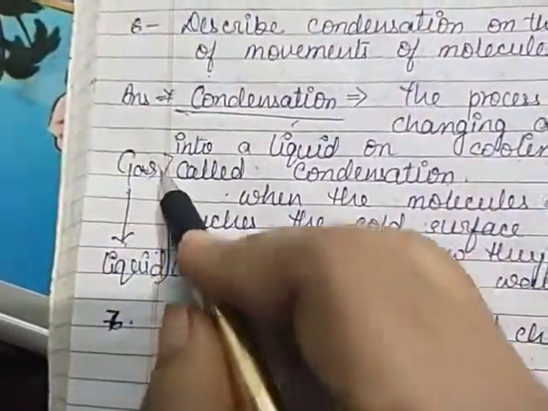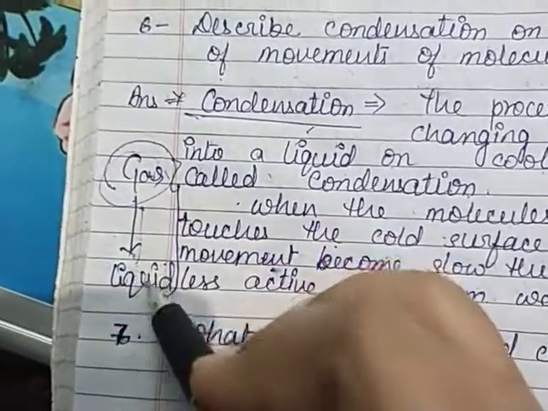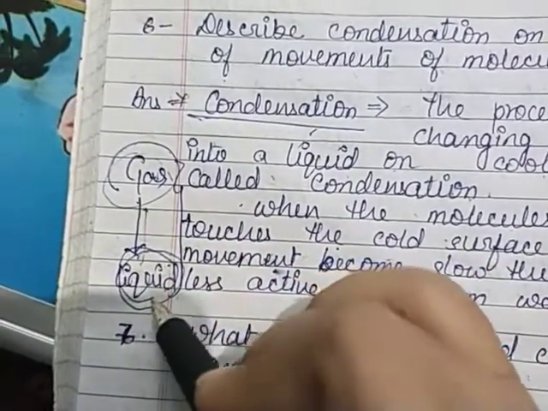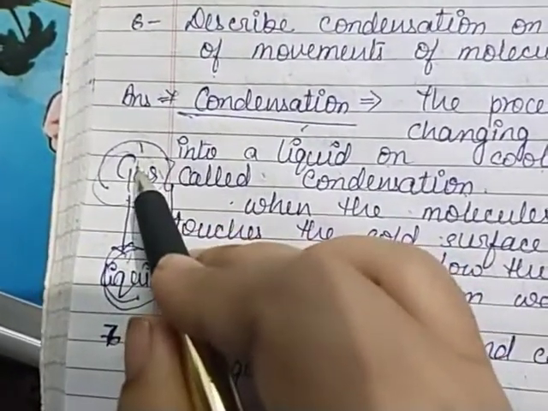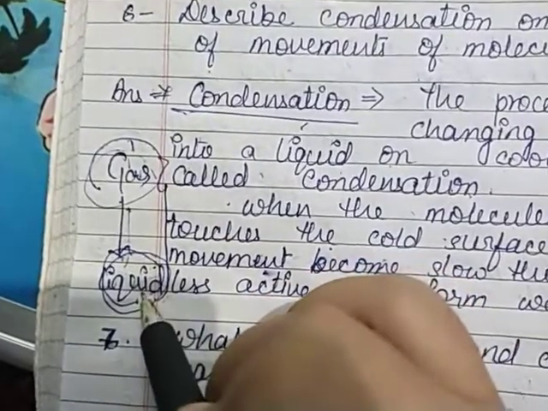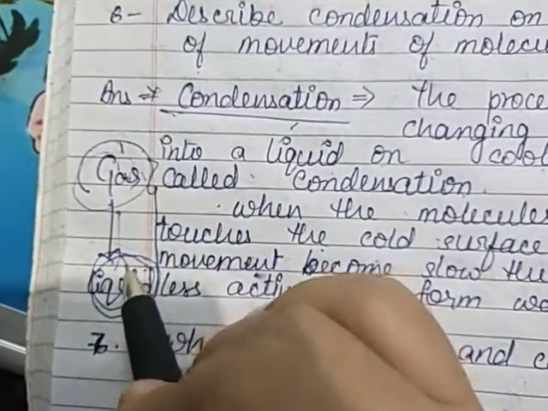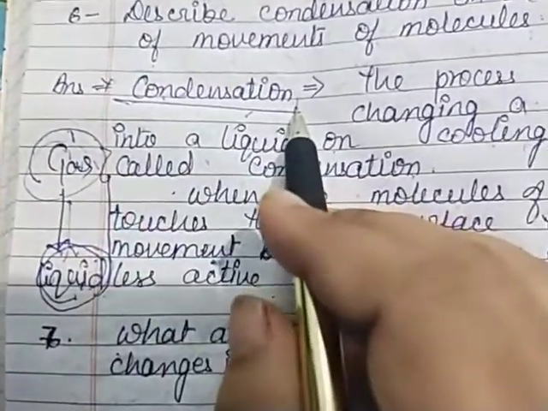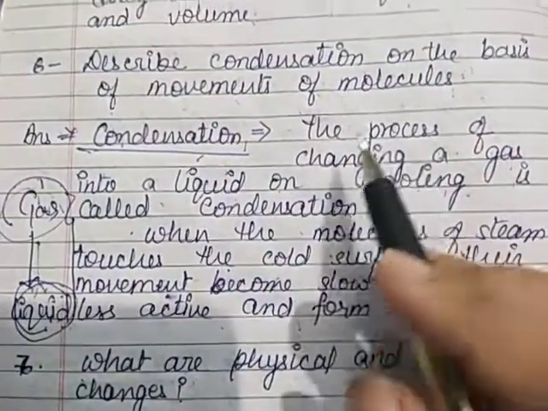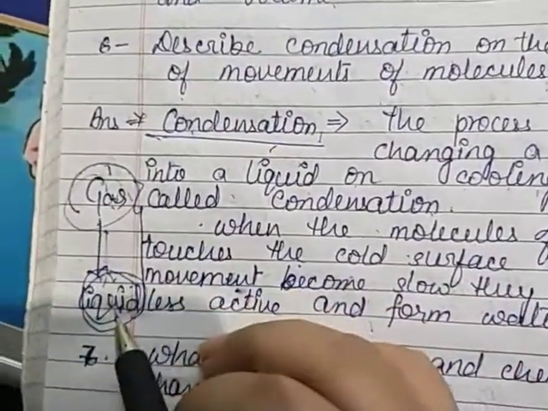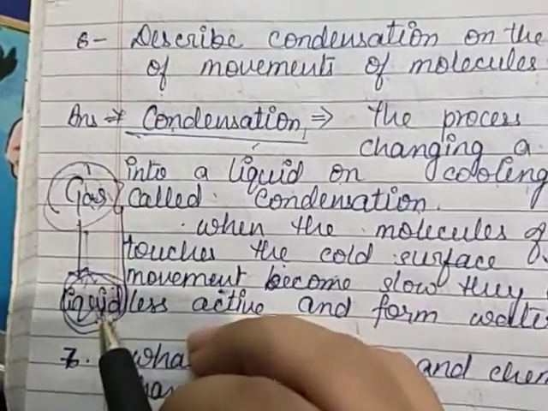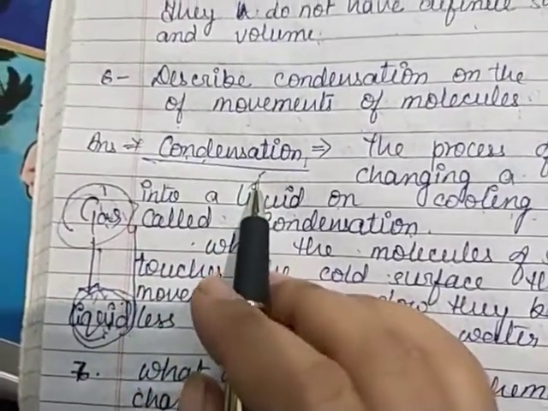Here you can see this is a gaseous state and this gas is converting into liquid. So when the gas is converting into its liquid state, by the cooling, this process is known as condensation. So condensation is the conversion of gas into the liquid form on the cooling is condensation.